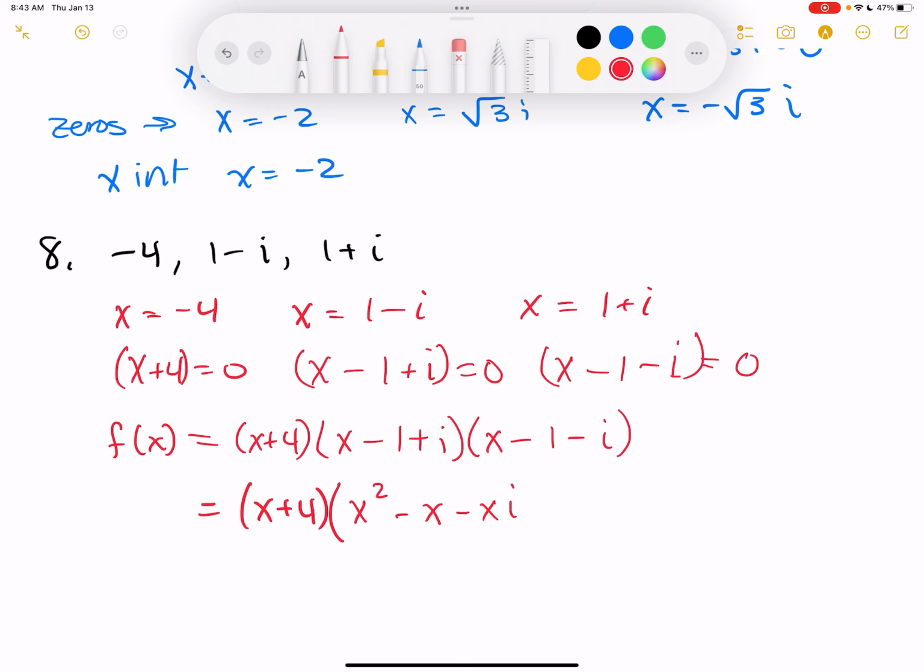Now I'm doing the -1 all the way across. So minus x plus 1 plus i, now to the i, plus xi minus i squared.